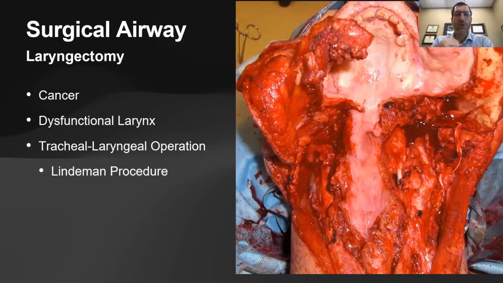So why I chose this picture, because nothing shows it better: there is nothing above the trachea here, right? The anatomy is gone. I've had a patient die in an outpatient setting where she was struggling to breathe, and the paramedics were coming to try to intubate her, and her husband kept on saying, she's a neck breather, she can't be intubated, and she ended up dying because of that.